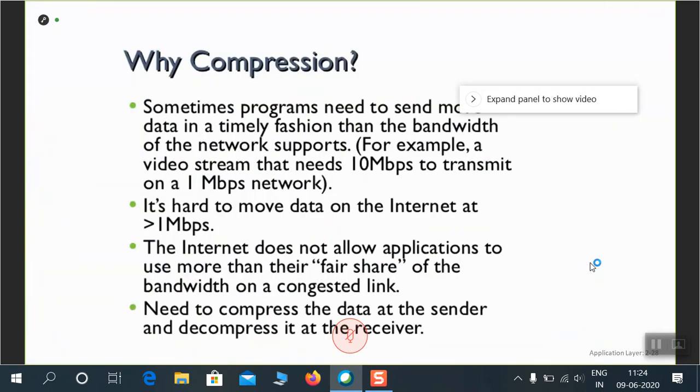The second thing that we have is data compression. We compress the data. Now, what do we mean by data compression here? Data compression is like, you have to send some data to me, right?